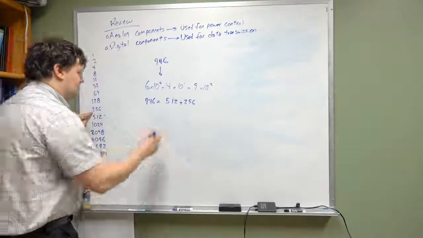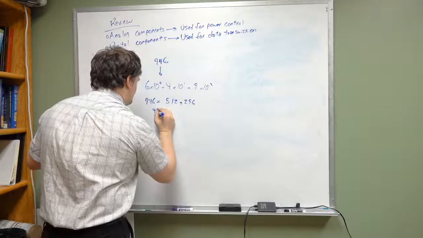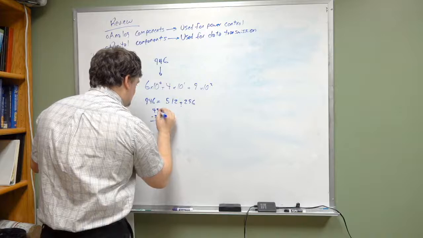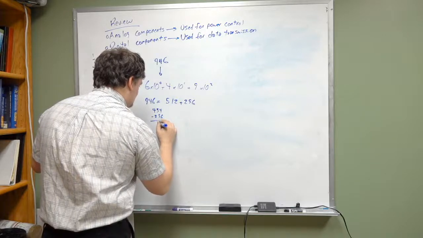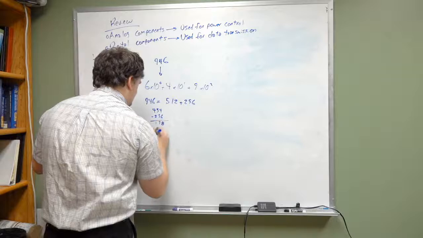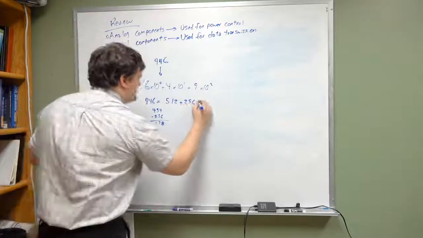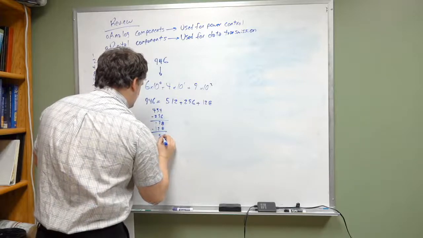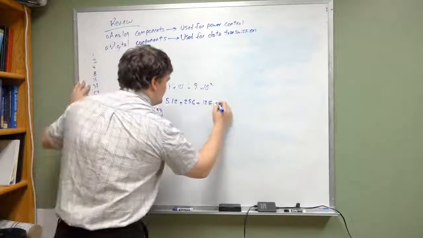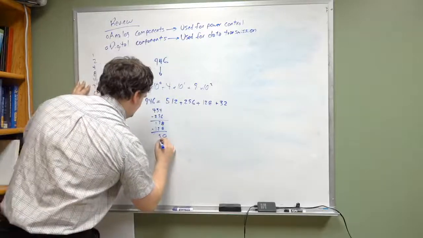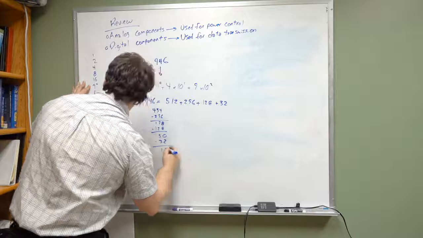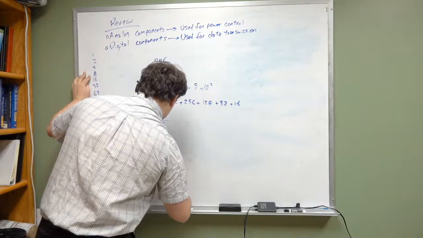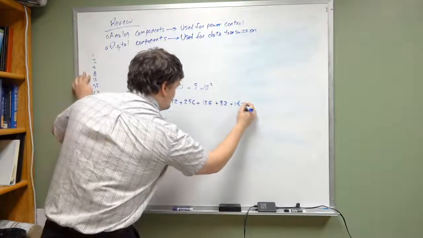So 434 minus 256 leaves 178, so plus 128, and that leaves 50, plus 32, which leaves 18, plus 16, and that leaves 2, plus 2.